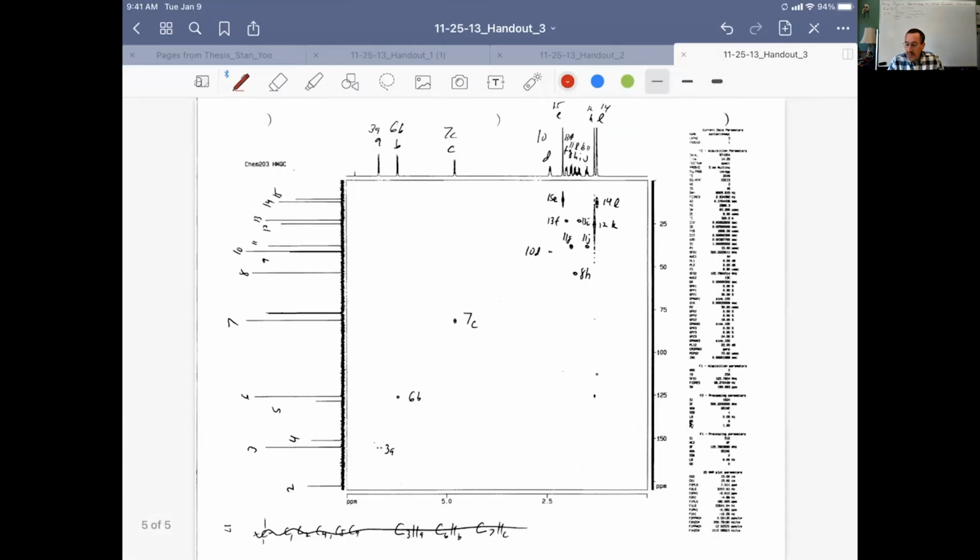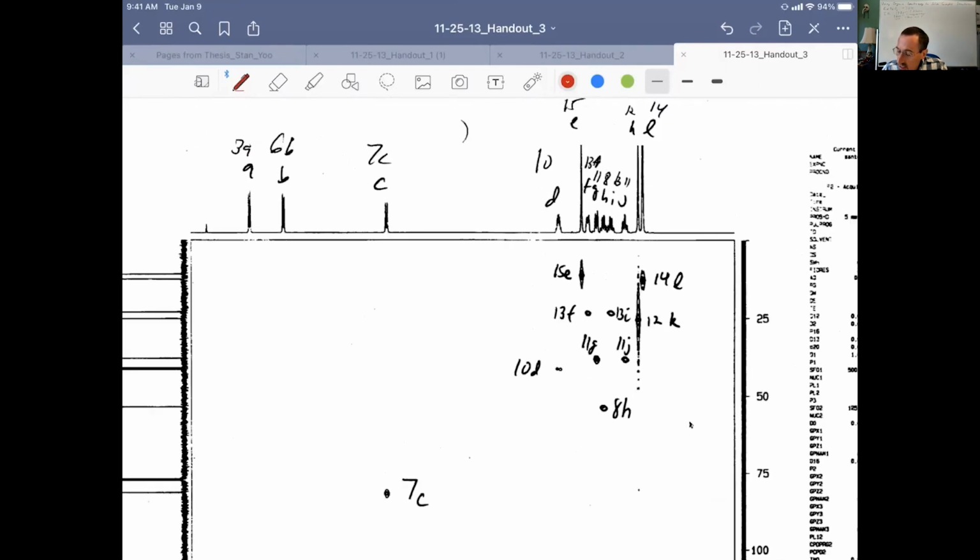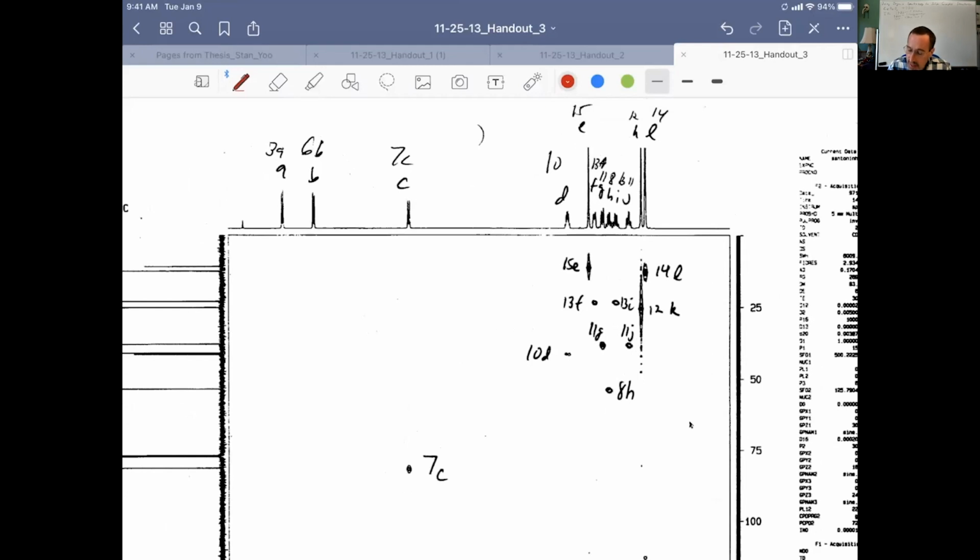All right, finally, I went through and took the HMQC spectrum and correlated my numbers and letters. And this on top here is going to be our Rosetta Stone: 3A, 6B, 7C, 10D, 15E, 13F, 11G, 8H, 13I, 11J, 12K, and 14L.